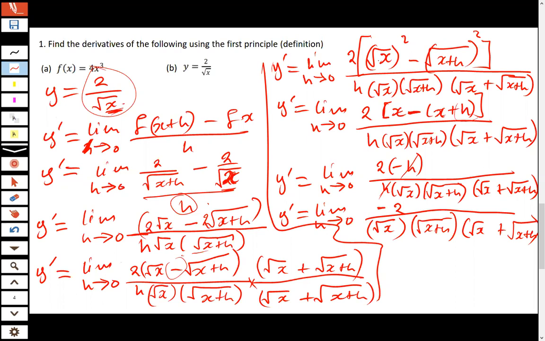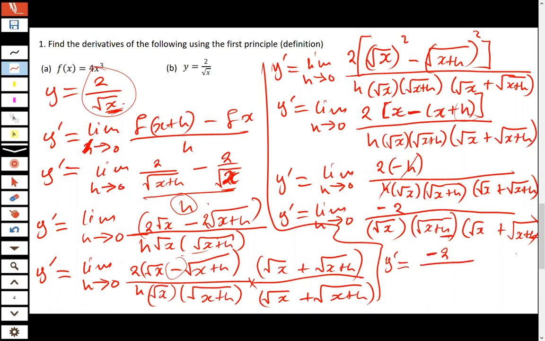So at this point, since the h in the denominator has cancelled with the h on the numerator, we can now replace the value of h in the expression. So when you put 0 where there's h, we're just going to remain with y prime, which is equal to, on top we remain with -2.